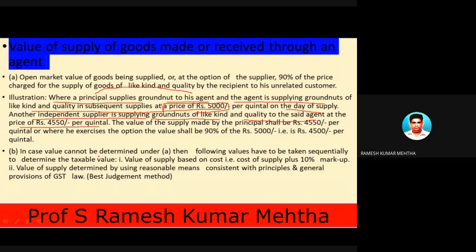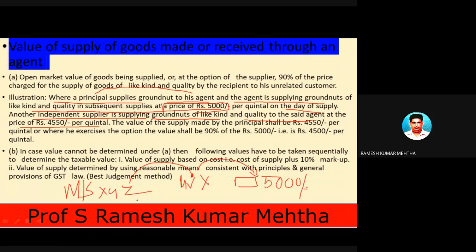So let's look at the answer and explain the problem. Messrs. XYZ company has an agent called Mr. X. They are selling these groundnuts through Mr. X to the end customer. So X is supplying to the end customer at 5,000 rupees per quintal.